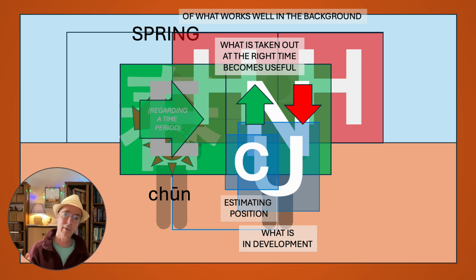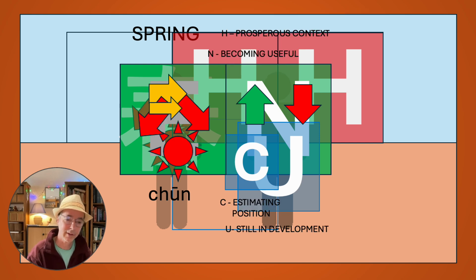The H in the background is all that works well in the background in general. The U is always about what is in development, so the things that are in development, and N is also always about taking something out at the right moment, at the right time, when it can become useful. So how do I have to translate it into normal English? You already understand well, of course, what you already had in the character.